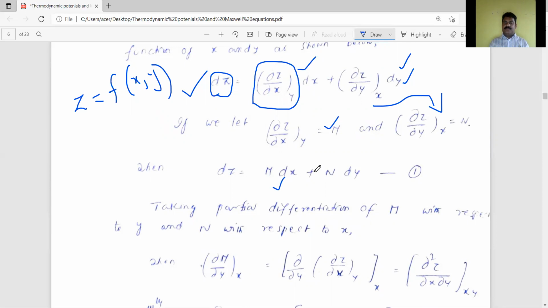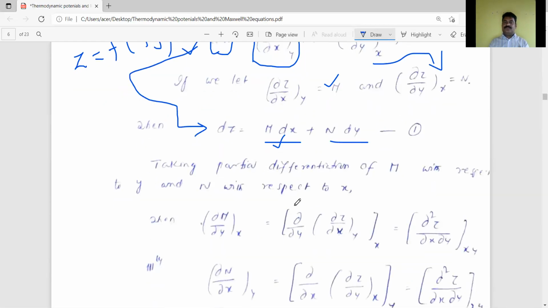Similarly here, plus, instead of this one, you can write n, and we have dy here. So this equation can be modified into this form: dz equal to m dx plus n dy.